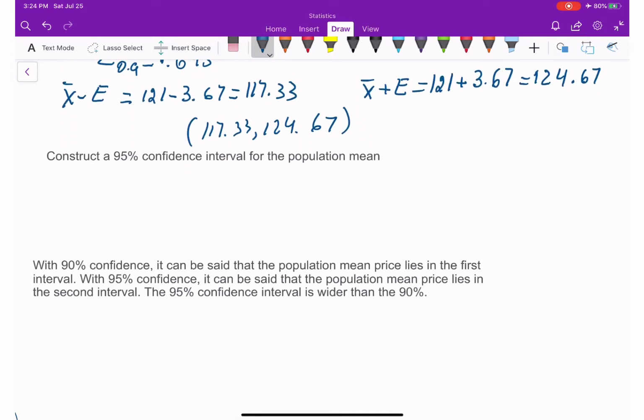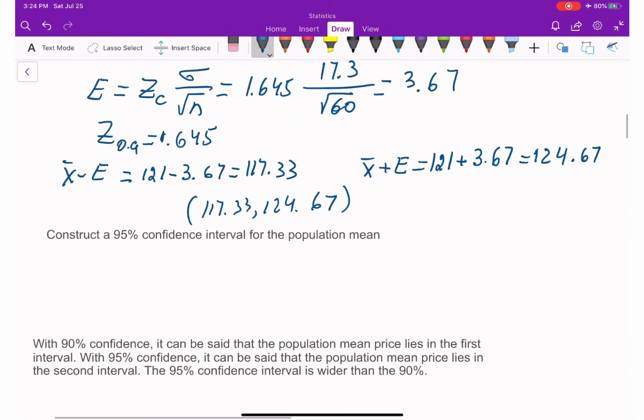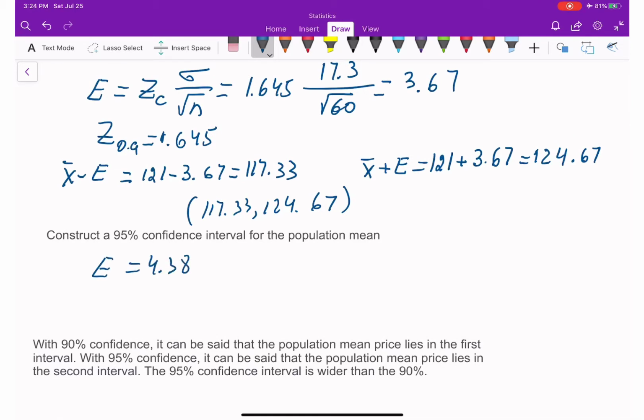All right. Next. Practically for 95%, margin of error, you should get 4.38. And then x bar is 121 minus 4.38 and 121 plus 4.38, that's all.